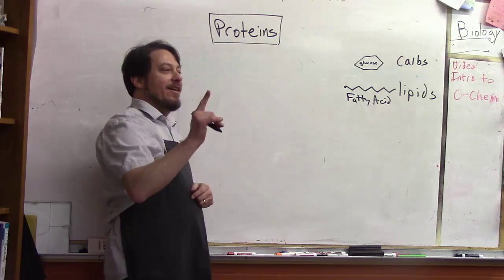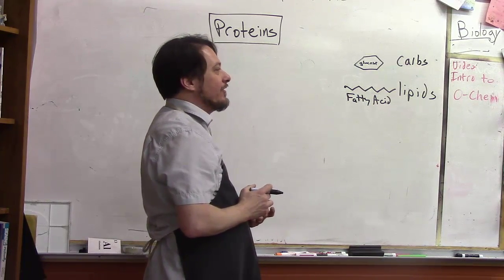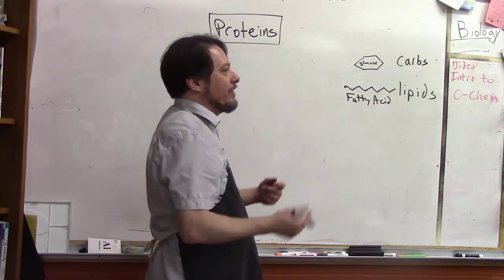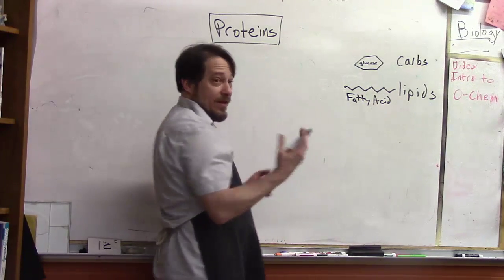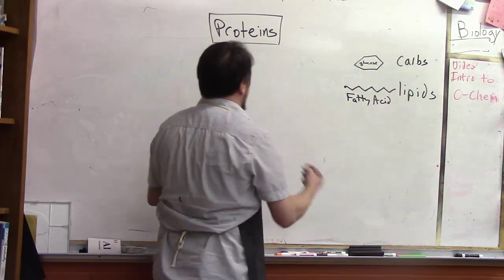I want you all to think back to the day when we started organic chemistry and went through some of the functional groups, because amino acids have almost their whole chemical structure right there in the title.